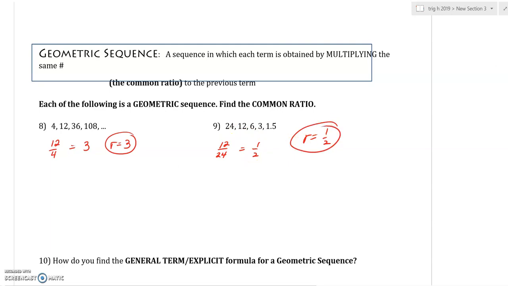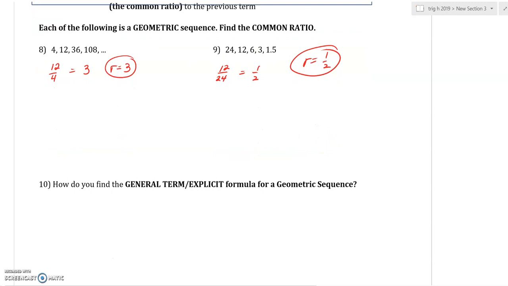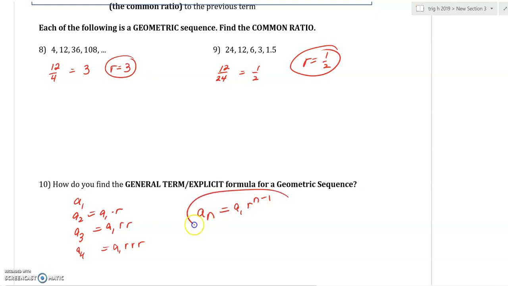So we want to find the general form, or the general term, an explicit formula. So if you think about it, we have the first term, then we have the second term, which is just the first term times r, and the third term is the first term times r again, and the fourth term is the first term times r times r times r again. So notice that an explicit formula would be the first term times r to the n minus 1.